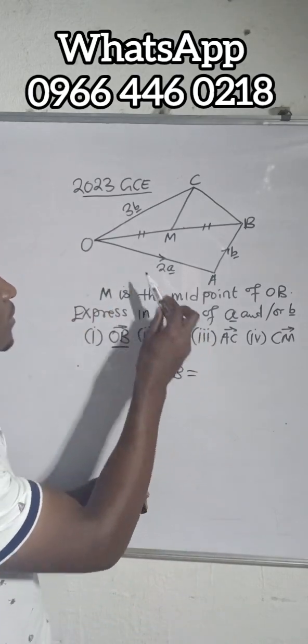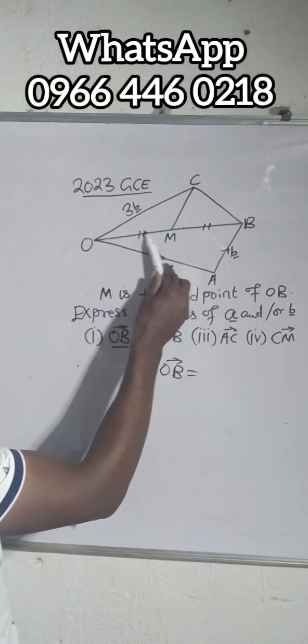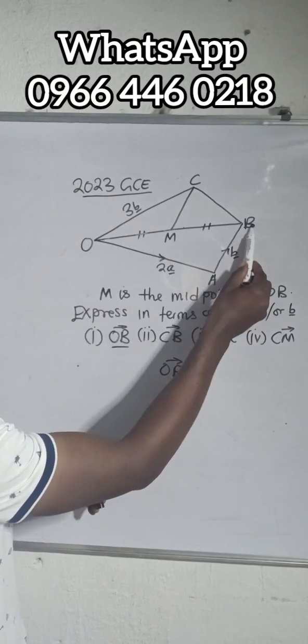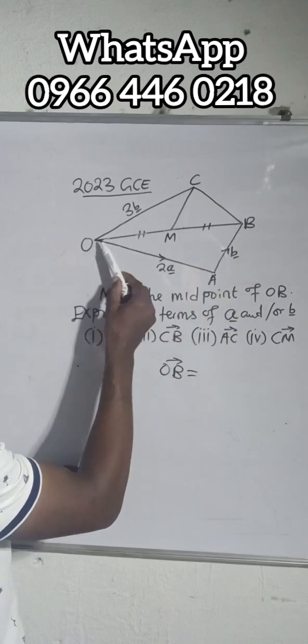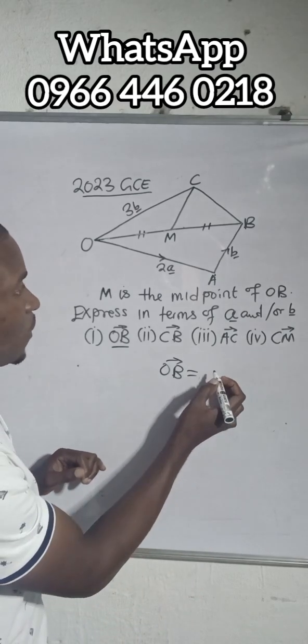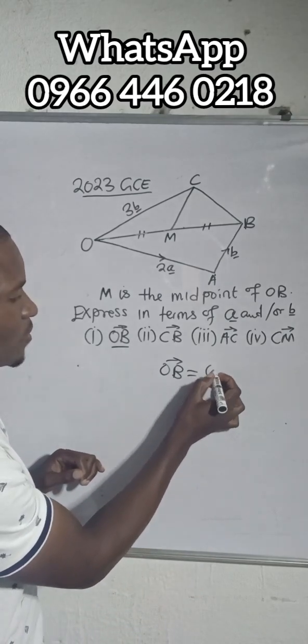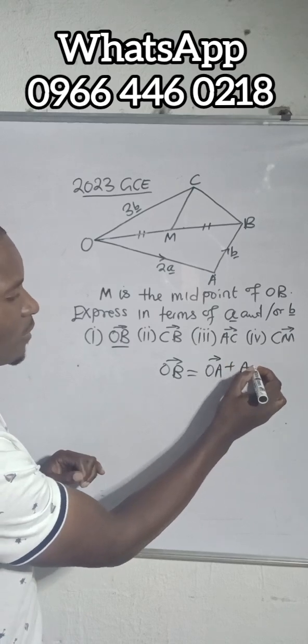So OB, OA, and AB. So this is a triangle, okay? So I'm going to say OB equals OA plus AB.